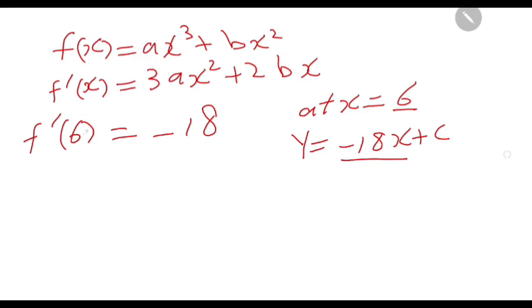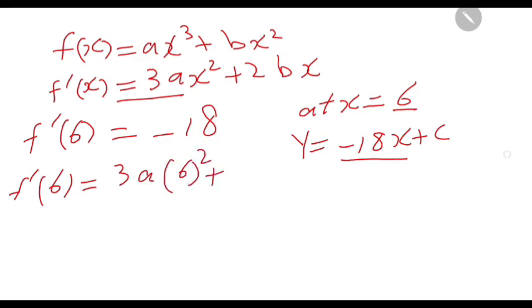So I substitute the x value into this first derivative: f′(6) is 3a(6)² + 2b(6), and this is equal to the given gradient, −18. I equate these two.